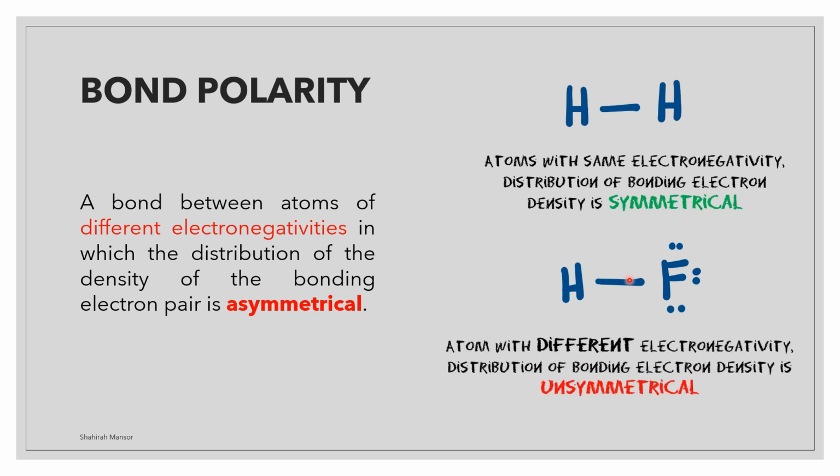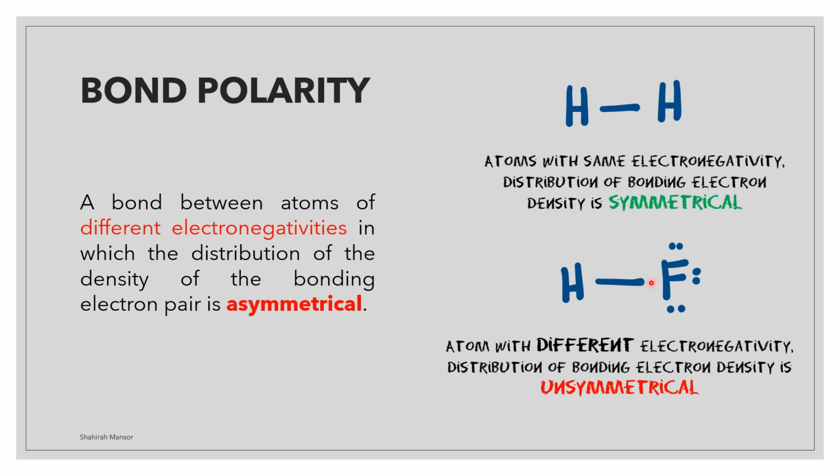In the HF molecule, it consists of hydrogen and fluorine atoms. So here we have two different atoms with different electronegativity values. So apabila satu bonding ni terdiri daripada dua atom yang berbeza electronegativity, the distribution of the bonding electron density is unsymmetrical ataupun asymmetrical.